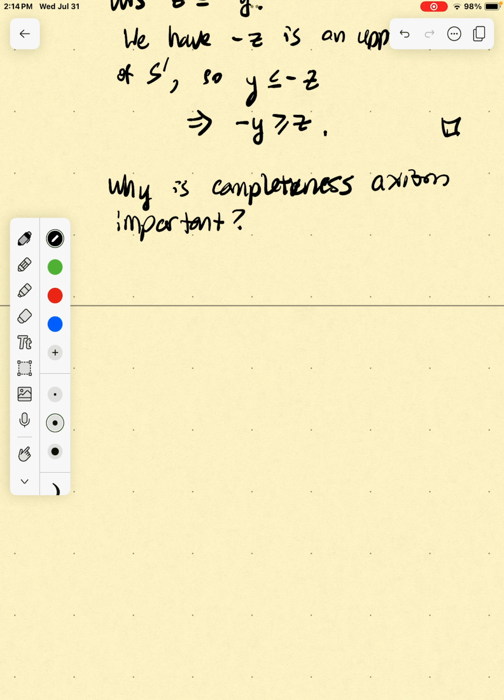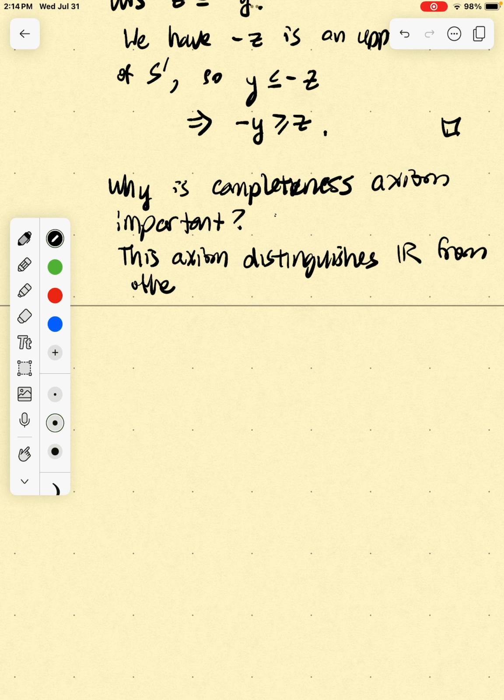Well, if you leave out the completeness axiom and just write down the other axioms of the real numbers, the rational numbers satisfy all those other axioms. So this axiom distinguishes the real numbers from other kinds of number systems.